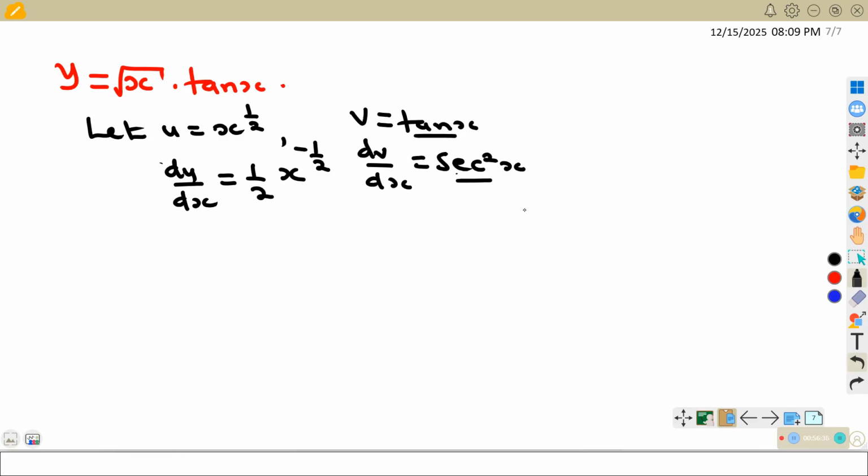Okay, that is good. And then we use the product rule. We shall say dy dx is equal to tan of x times a half x to power negative half. Good.